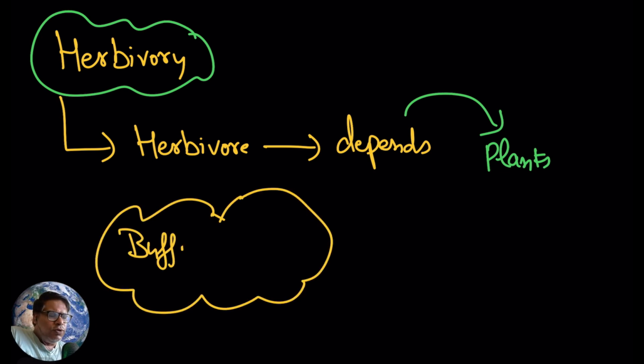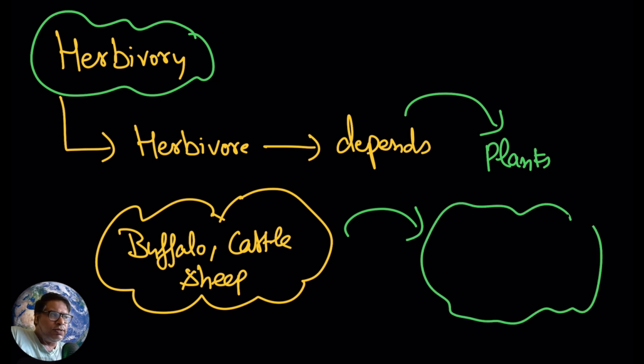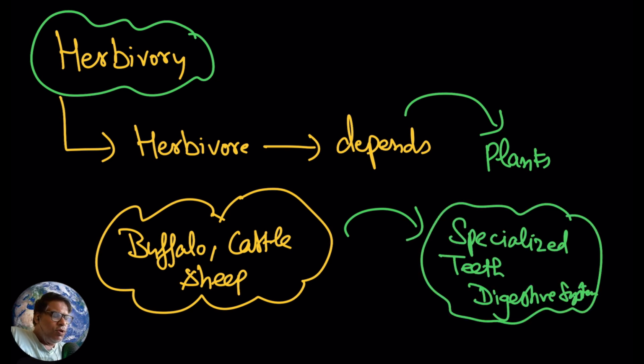And here hopefully you know the best examples are buffalo, cattle, sheep. All these depend directly on plants for their survival. Now here you must have learned in your lower classes that these herbivorous animals generally have specialized teeth, they have specialized digestive system so that they can digest the plant material. Okay, so this is about the herbivory.